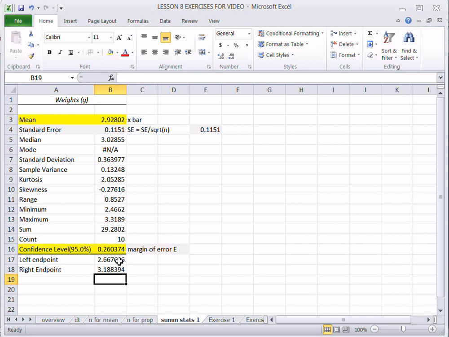So here then are the endpoints for the confidence interval.